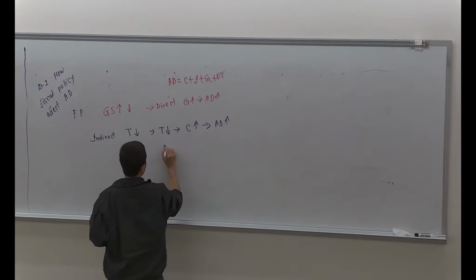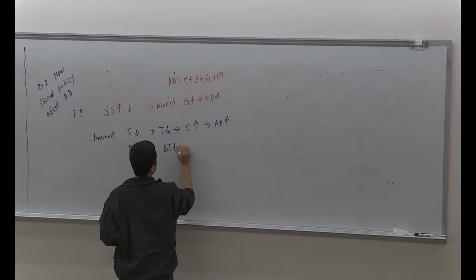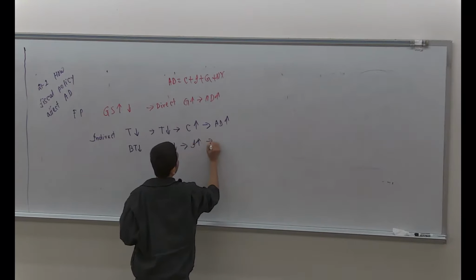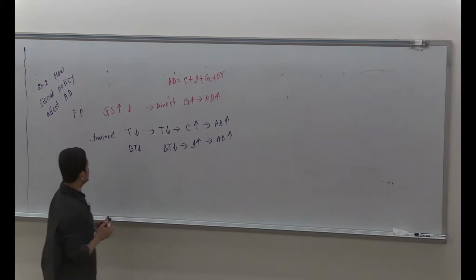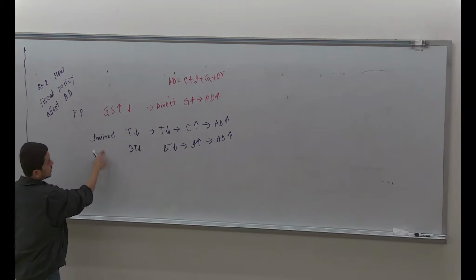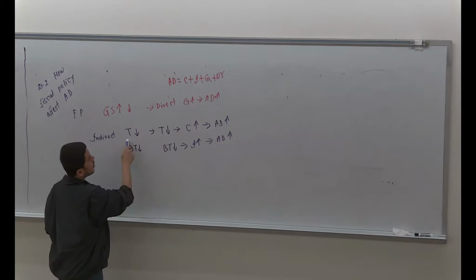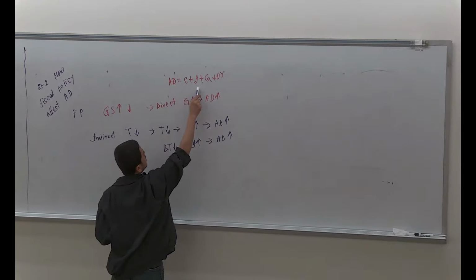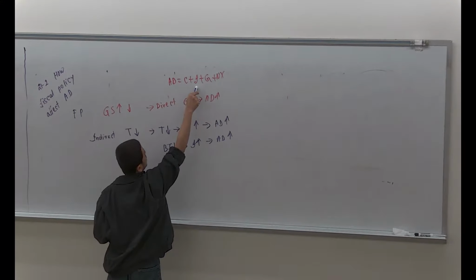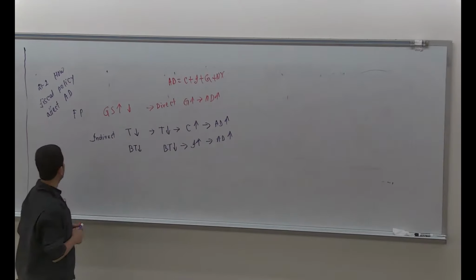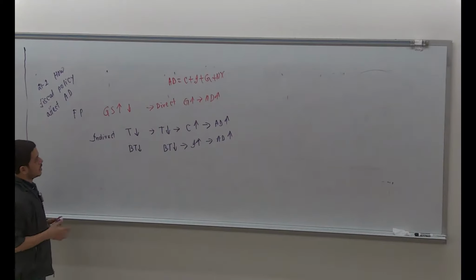Or if business tax falls, investment goes up, and then AD goes up. So this one is not direct, it is indirect, because tax policy affects consumption and investment. So with fiscal policy, the government can use direct or indirect tools.